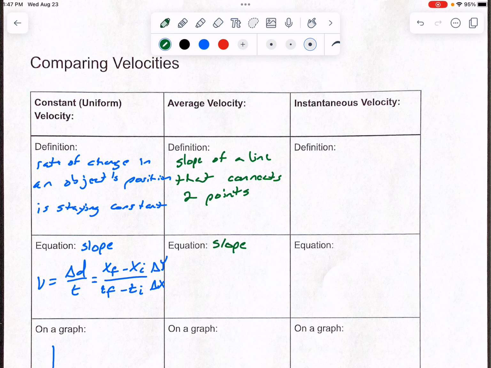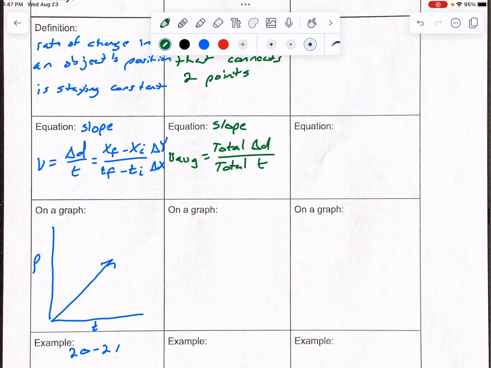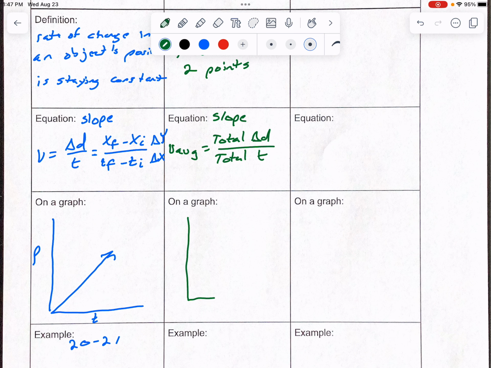Versus an equation, remember we had V average equals total displacement over total time. So that's where you would add up all your displacements on top, add up all your times on bottom, and then take top divided by bottom. Now on a graph, what it would look like, so if I had a position versus time graph, and let's say my graph looked like this, where I have a constant velocity going in the positive direction, and then I stop for a little bit, and then I turn around for a constant velocity going back, and I end here.